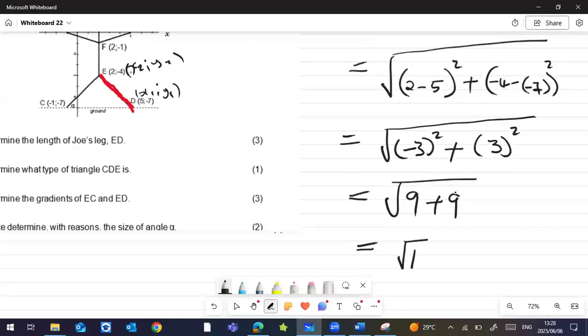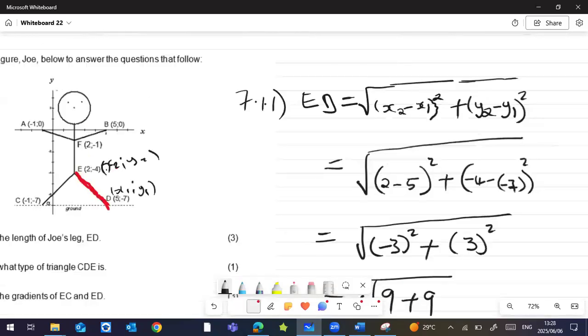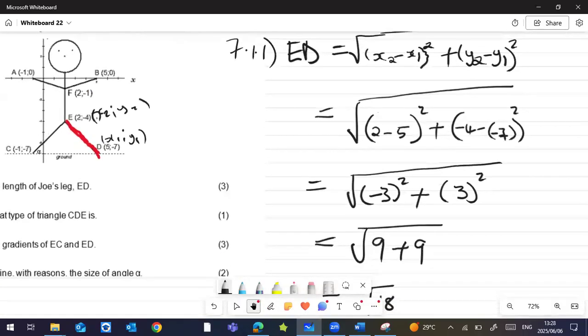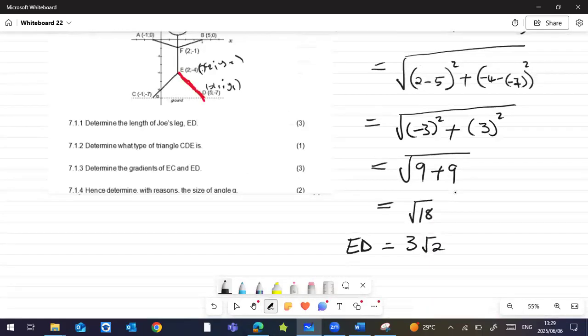So we have the square root of 18, which can be written in a simpler surd form as 3 square root 2. So that is the length ED. That's what we are looking for, length ED for 7.1.1. So using the distance formula, that will be our distance for ED.